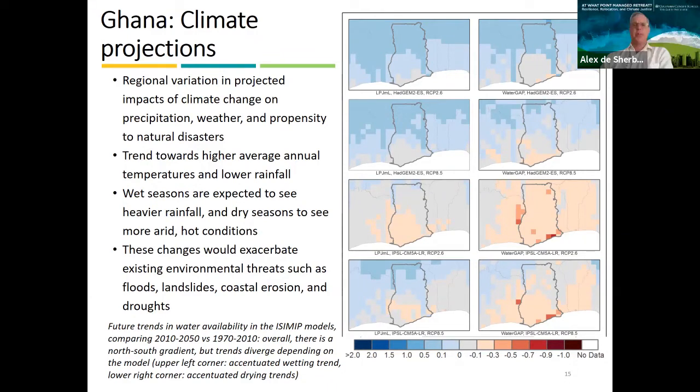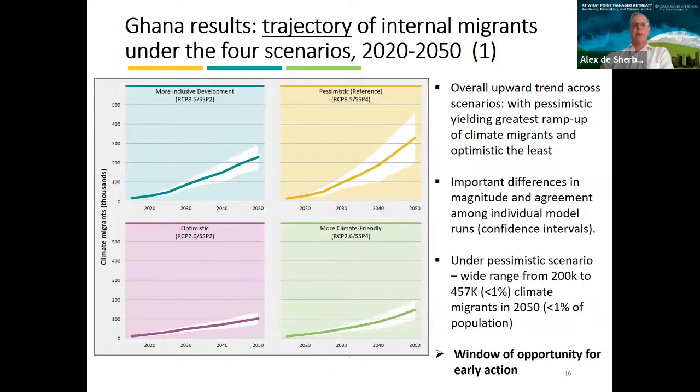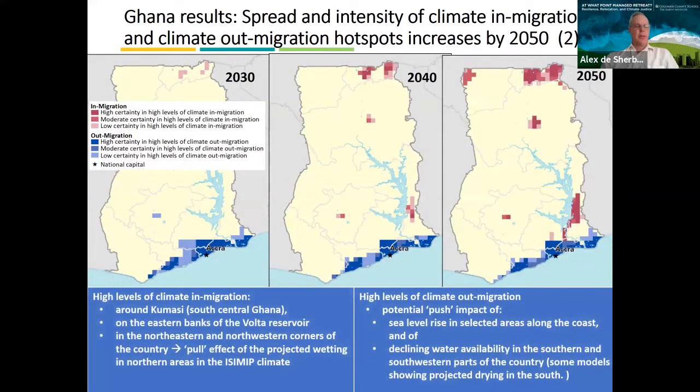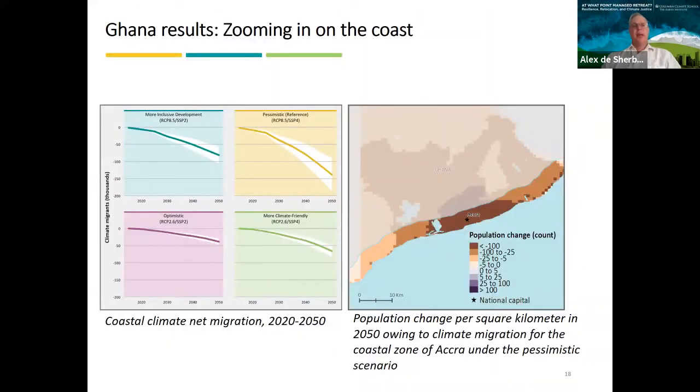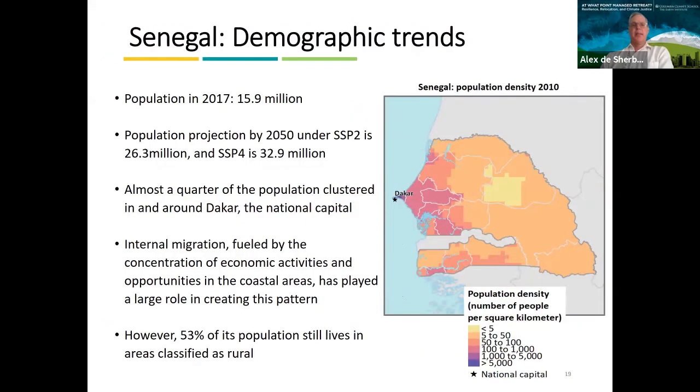In Ghana, what we see is future outmigration due to sea level rise and changing water availability in the south projected. This is sort of a zoom in on Accra. And the line charts on the left show the levels of outmigration that we would expect from these coastal areas in Ghana. And it goes up to about 150,000 persons may depart by 2050 from the coastal zone.